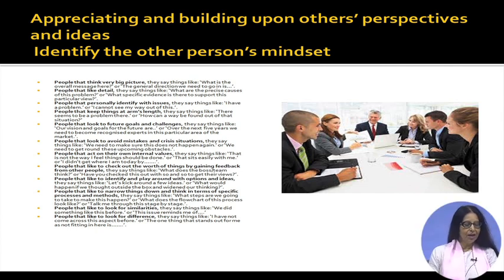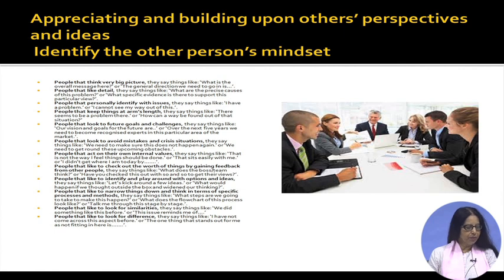So, there are people who think of a very big picture, there are people who like detail, people who personally identify with issues, those who keep things at arm's length, people that look to future goals and challenges, those who look to avoiding mistakes and crisis situations, people that act on their own internal values, people that like to check out the worth of things by gaining feedback from others, people that like to identify and play around with options and ideas, people that like to narrow things down and think in terms of specific processes and methods.